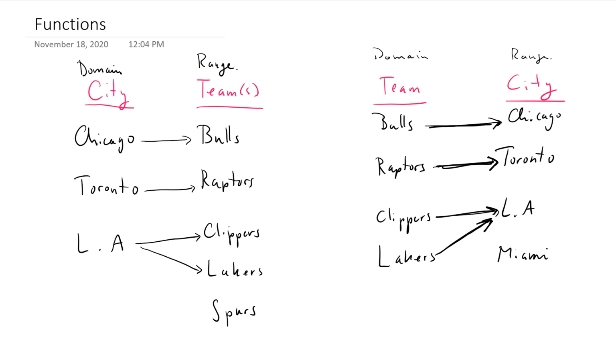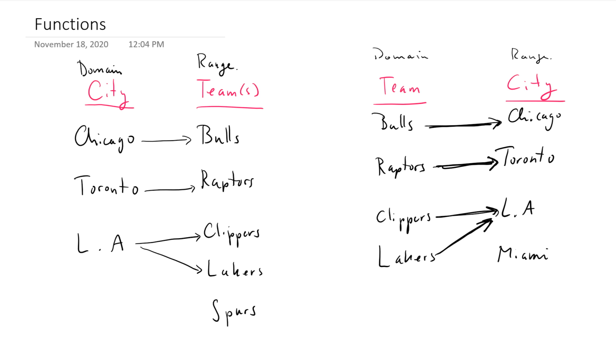Okay, so in this correspondence, if I give you a team, you can only give me one city. There's not a team that's assigned to two different cities. It's only one city. Whereas on the left-hand side, a city could be assigned to two different teams.